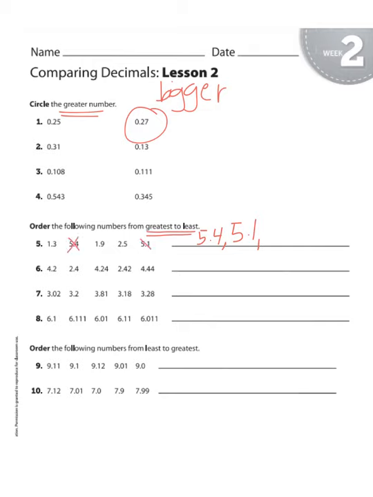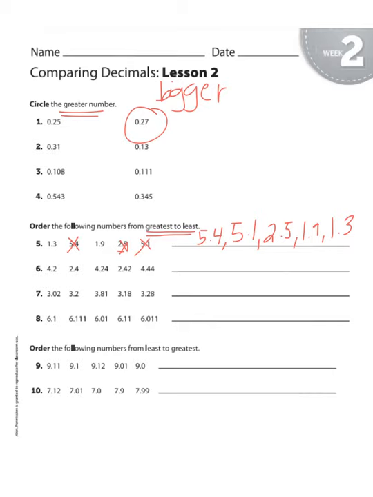Okay, so I can eliminate those two. All right, now I have 1.3, 1.9, and 2.5. Well, I know that 2 is bigger than 1, so 2.5 is going to come next. So I have 1.3 and 1.9. Again, you're looking for the biggest number. Well, 9 is bigger than 3, so I'd have 1.9, and then your smallest number would be 1.3.